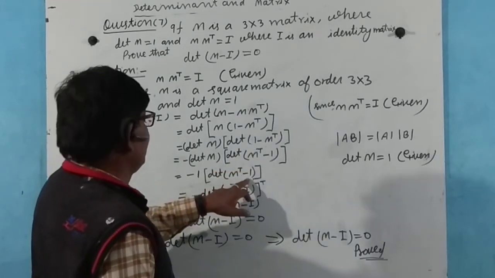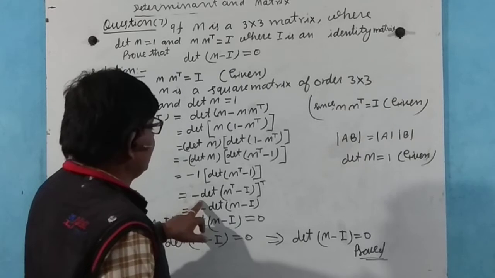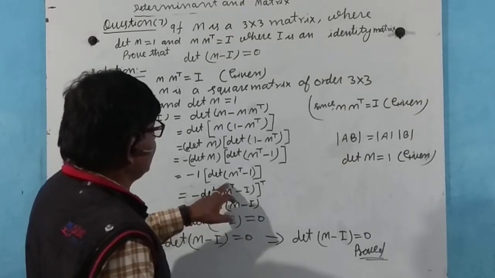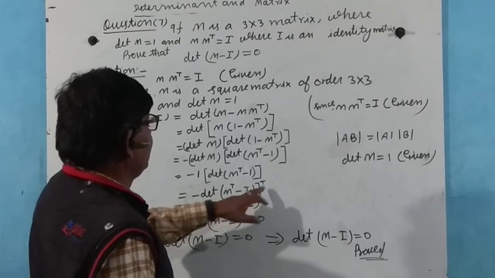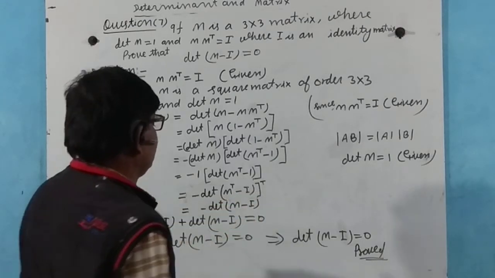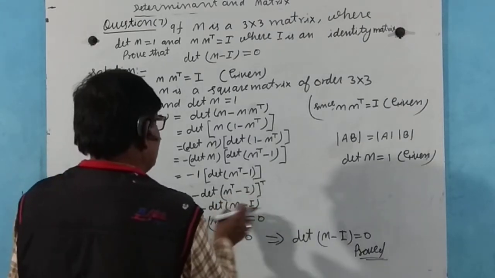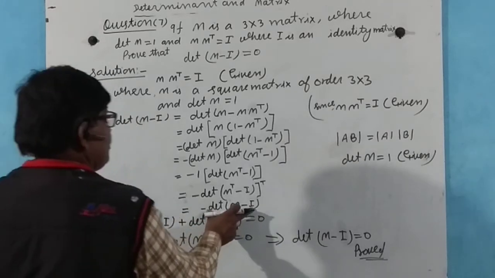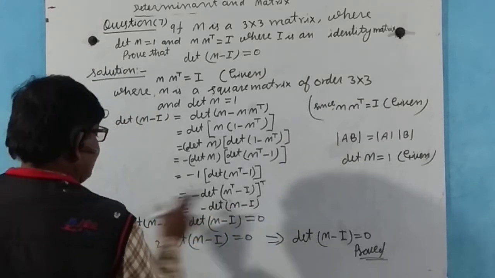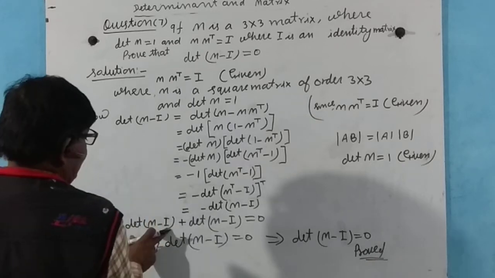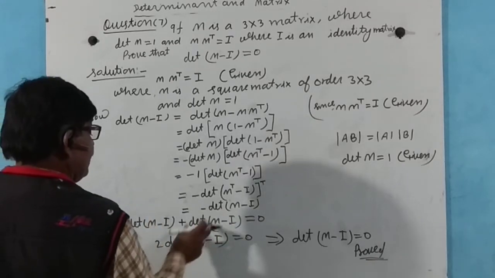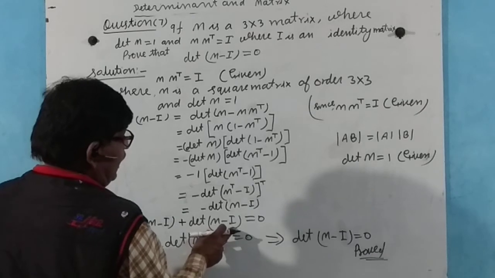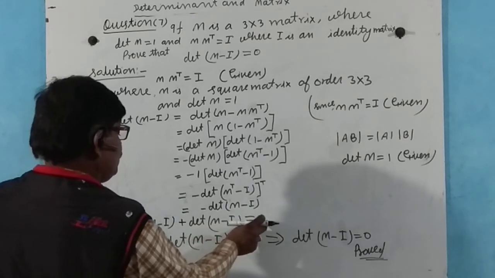matrix M minus 1, so that this is a minus, and this can be written as determinant of transpose of matrix M minus I, and this is equal to transpose, so that minus determinant M minus I. With the minus sign, this comes here, one comes here, and this is a minus plus determinant of M minus I here, this is equal to 0.